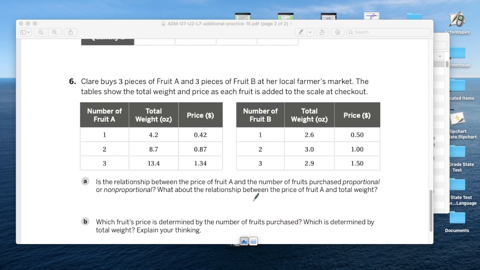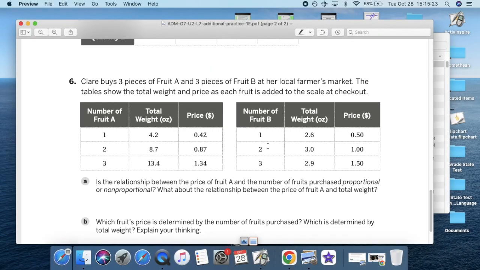Six. 3 pieces of fruit A and 3 pieces of fruit B. The total weight and the price, and so on. Wait a second. Okay, is there a relationship between the price of the fruit and the number of fruits purchased?